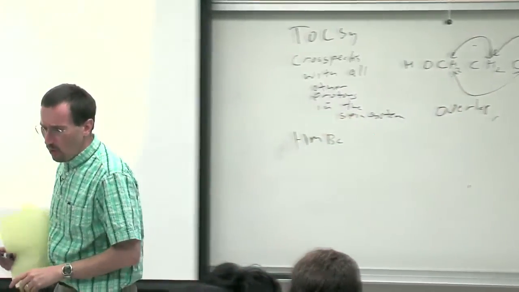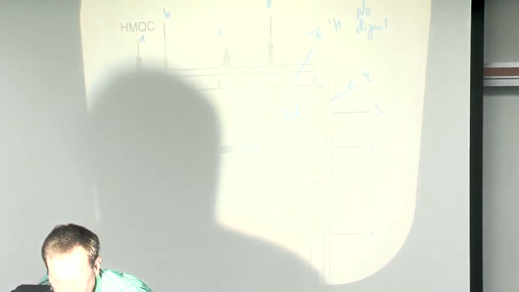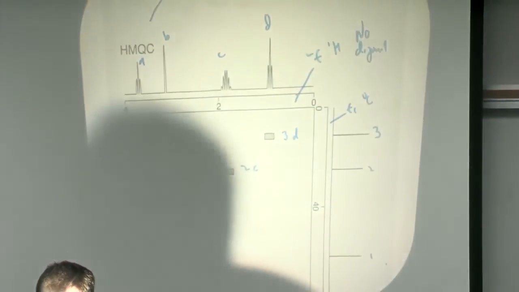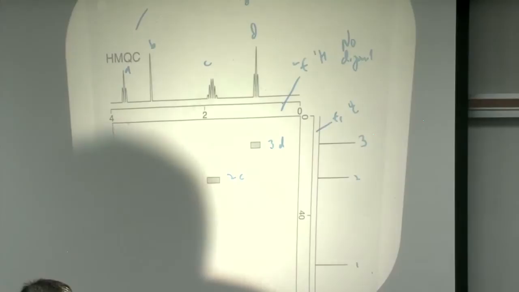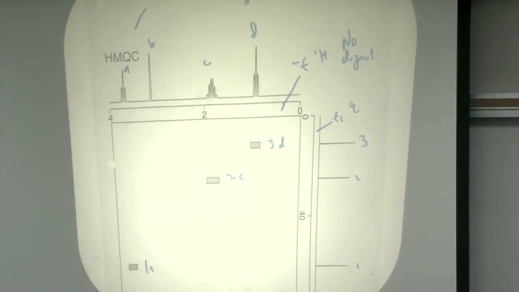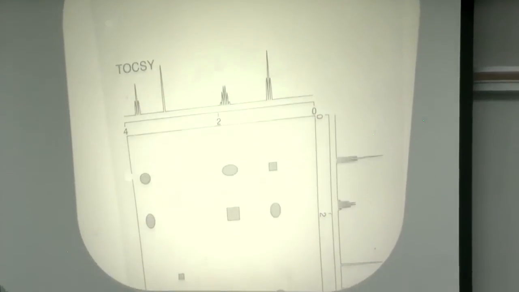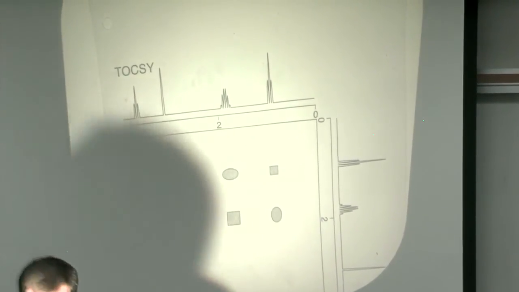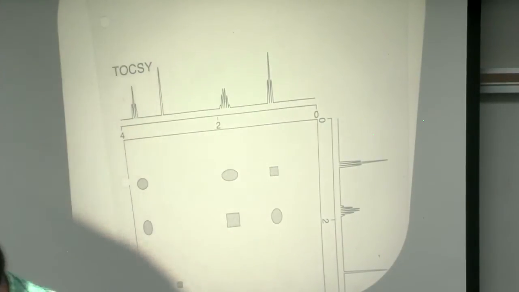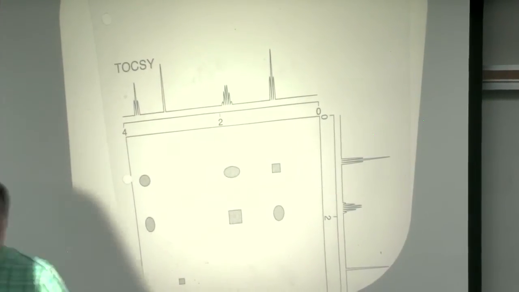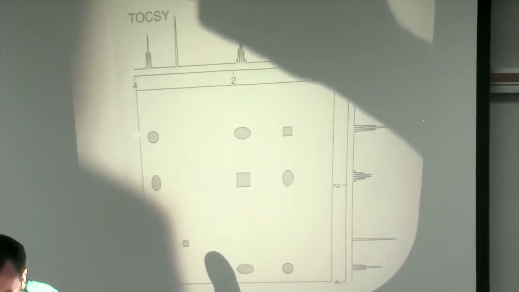So I'll give you a quick schematic of the TOCSY. We'll have a separate lecture on this later on, but I want to just introduce you to the basic anatomy here. All right, so this is again our sketch of a spectrum, and it looks just like a COSY.